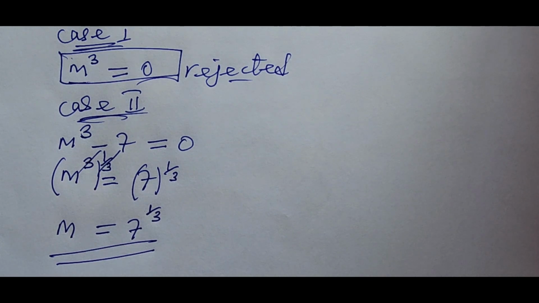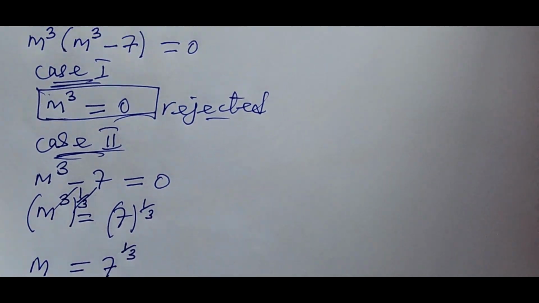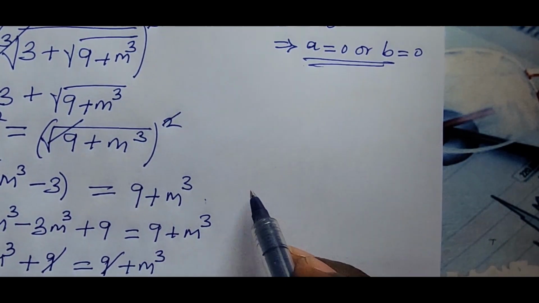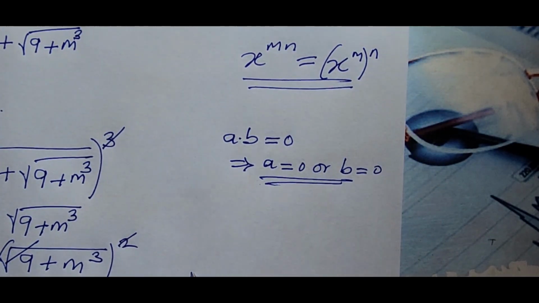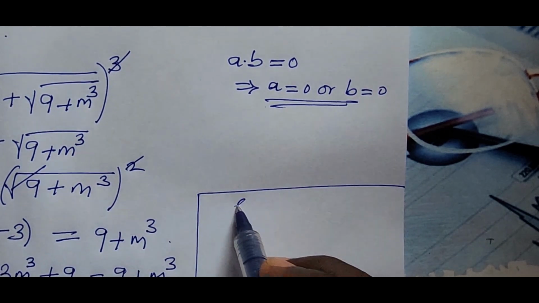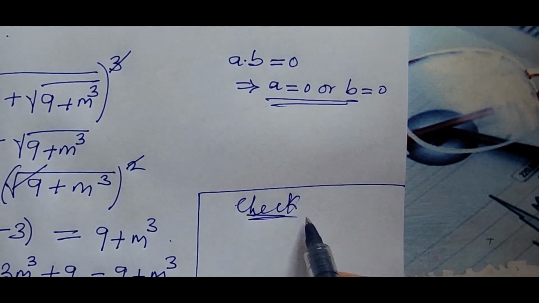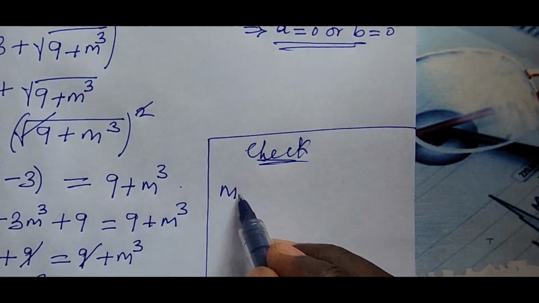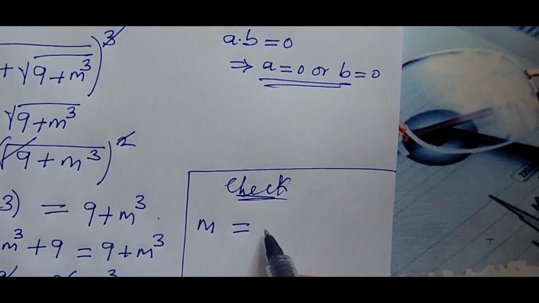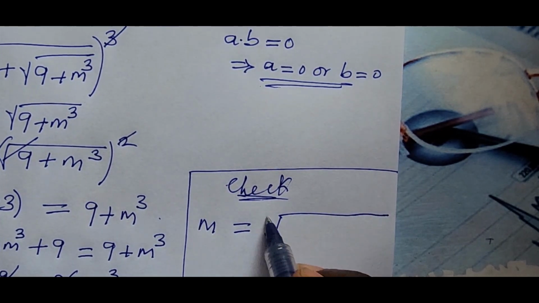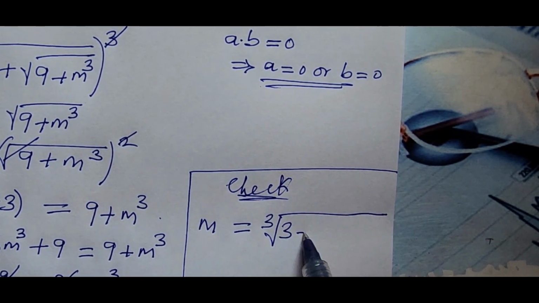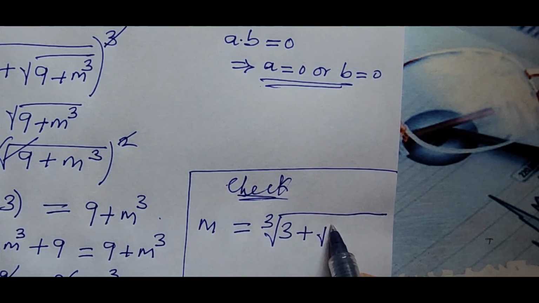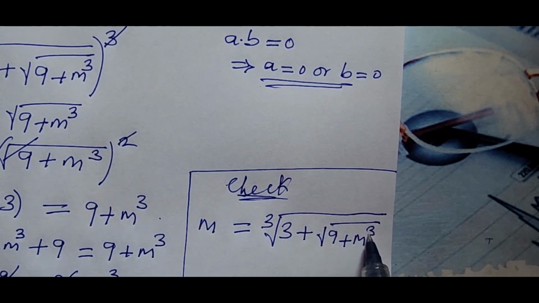Okay, so this is the value of m that will satisfy the original equation. But we can check if this actually satisfies the equation. So let's take our check here. Our equation is m is equal to the cube root of 3 plus the square root of 9 plus m to the power of 3, right?